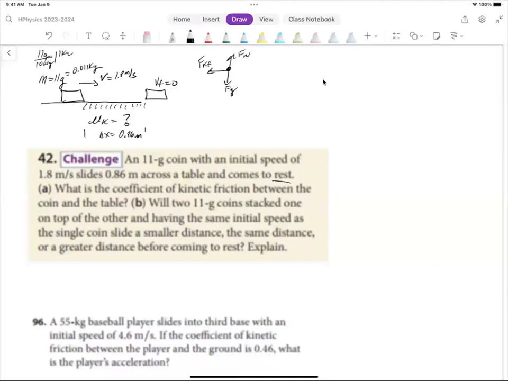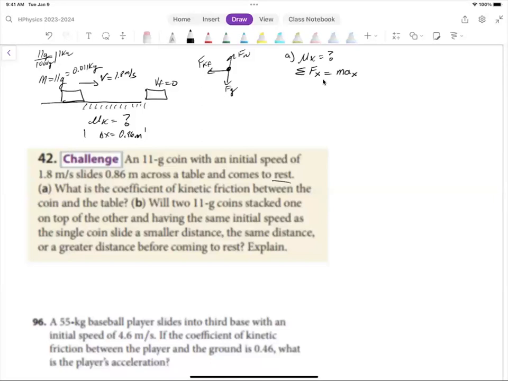The first question, A, asks: what is the coefficient of kinetic friction? Mu sub k equals question mark. Well, mu sub k is in the force of kinetic friction equation, and force of kinetic friction is in the x-axis. So I'm going to sum the forces in the x direction equals mass times acceleration in the x direction.